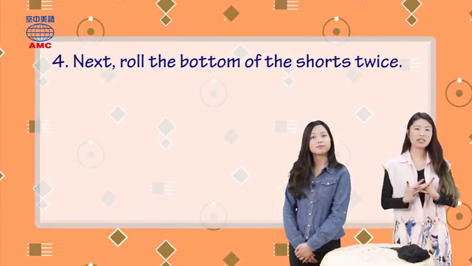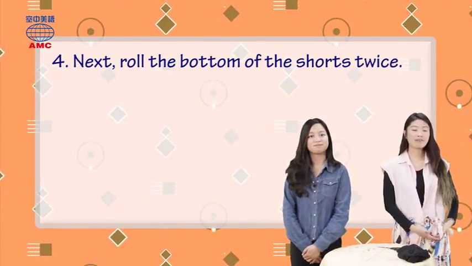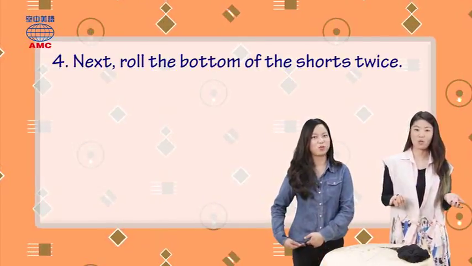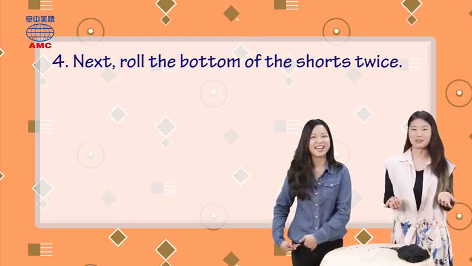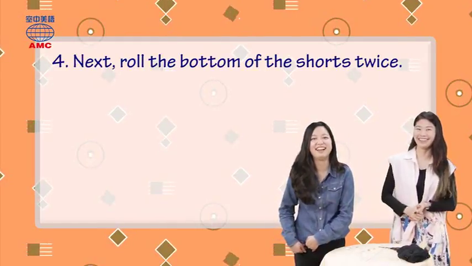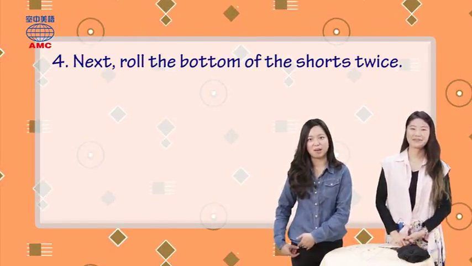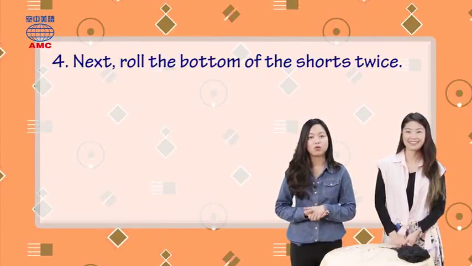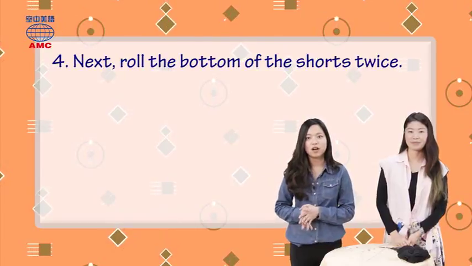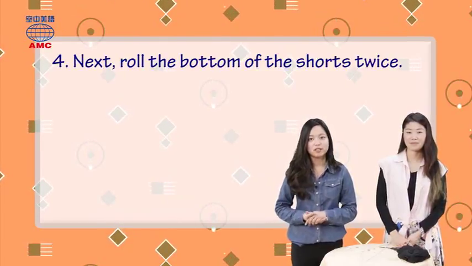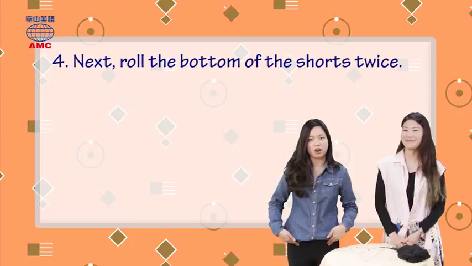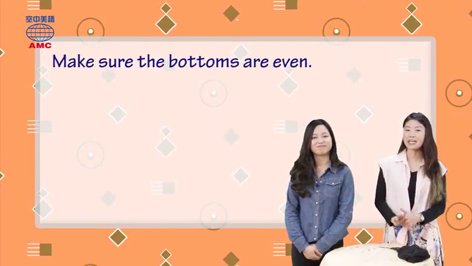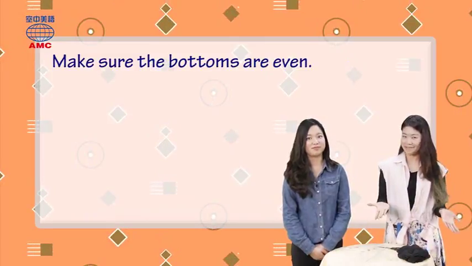This is why we need the shorts to be long, because if they're short and we roll them, they're going to be too short. They're going to look like maybe underwear. But don't worry, we'll wear them like grandma shorts. If you cut too short, you can't roll them up, so the key is not cutting too short.